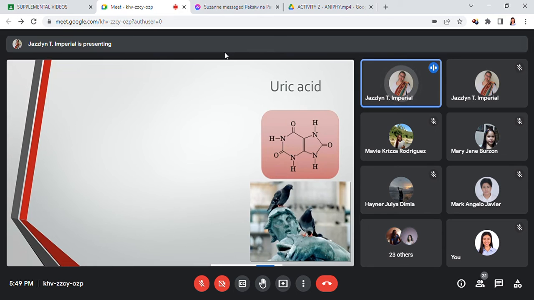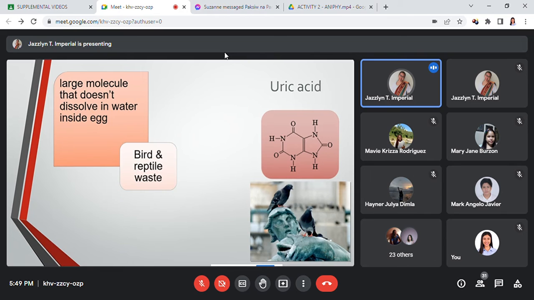But going back to the birds, remember po, ang waste product ng birds ay uric acid. One characteristic of uric acid is that it is insoluble in water. It does not dissolve in water. So inside the egg, it becomes the hardened part. So paano pag ibon ka na mismo? You're the bird already, so you still need to pee. So bird pee is solid or kind of solid.